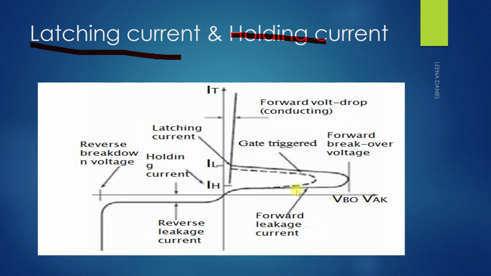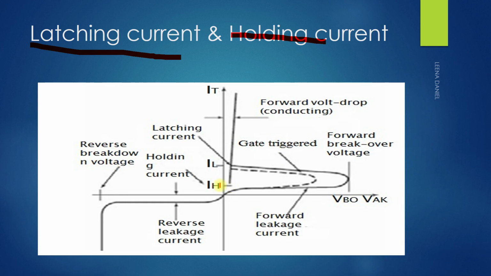But once the thyristor gets turned on, the gate loses its control. We have turned on the thyristor, and now we have to turn it off. If it is required to turn off the thyristor, what will we do? We will reduce the anode current to a particular level, after which the thyristor gets turned off.